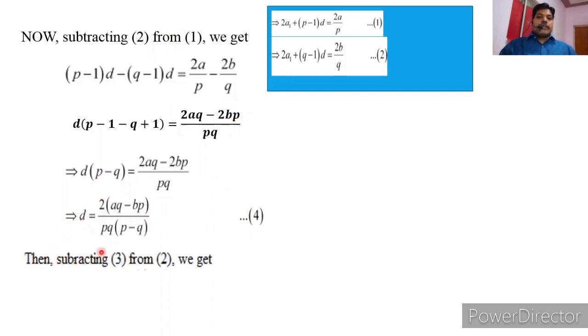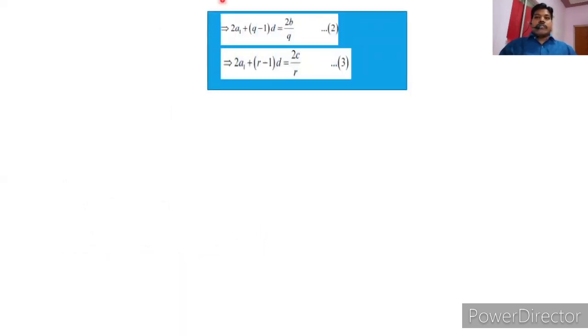Now I am subtracting 3 from 2, that is, equation 2 minus 3. In the next step, what are equation 2 and equation 3? Already we know these. So I am taking equation 2 minus equation 3. Similarly, 2a1 will be cancelled. You will get (q minus 1) into d minus (r minus 1) into d is equal to 2b by q minus 2c by r.